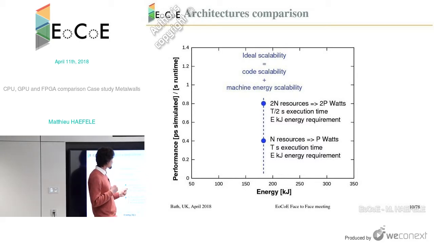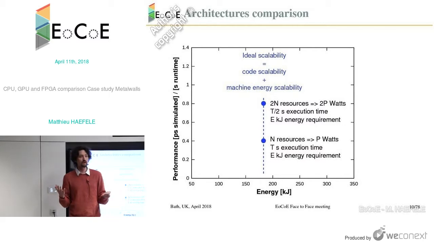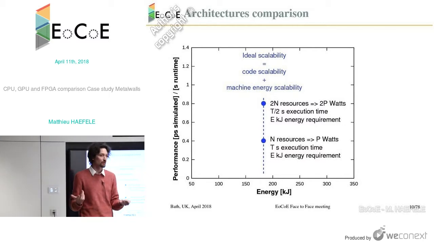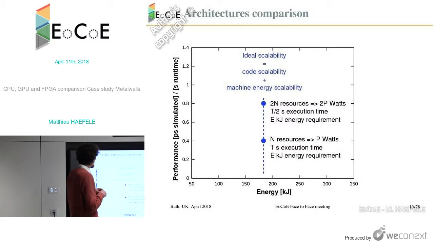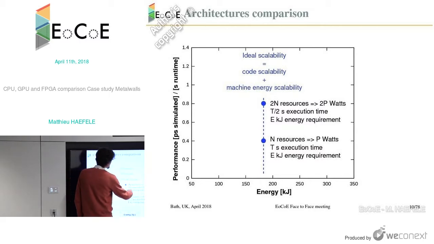The energy required is 2p watts, but for only half the time, so the energy should stay constant if the machine also scales perfectly in energy. So a perfect scaling is simply a straight line on this kind of plot, and as neither the application nor the computer is perfect, you will have a deviation, here on the right.